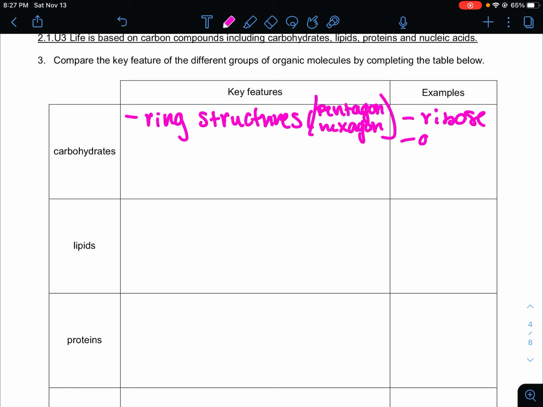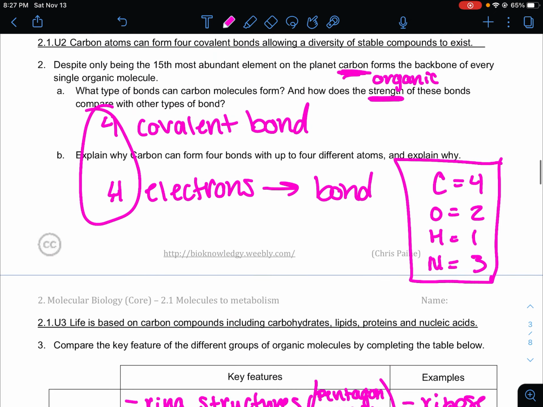Anything really that ends in ose is going to be a carbohydrate or a sugar. Things like starch and fructose as well.